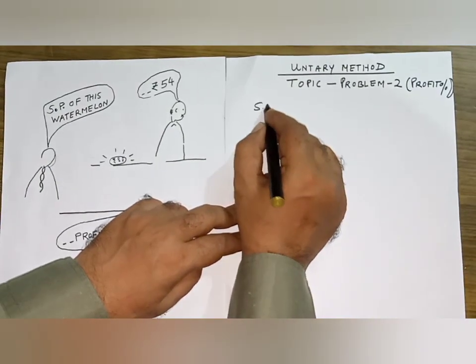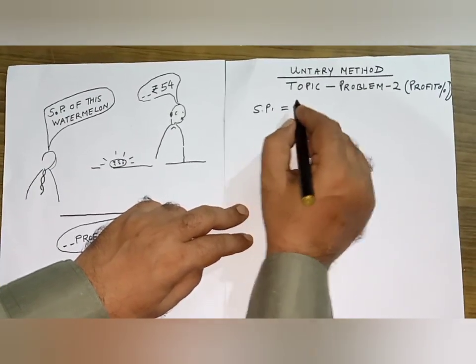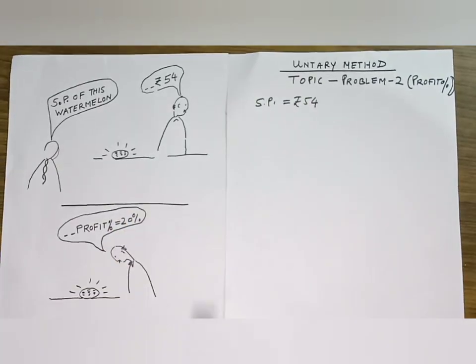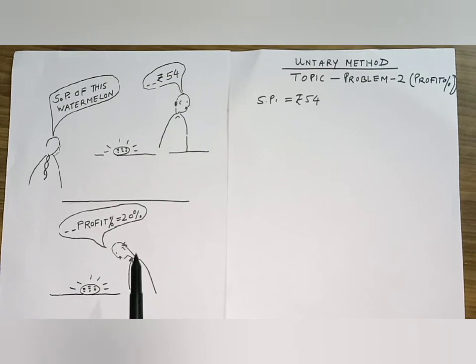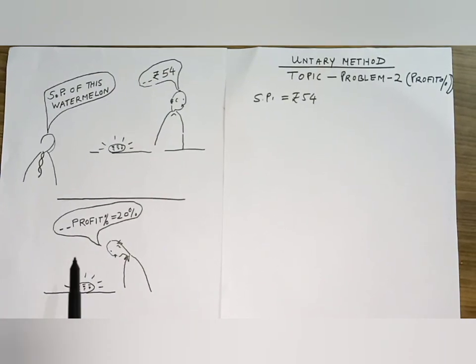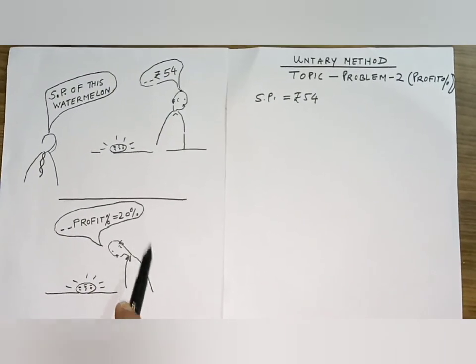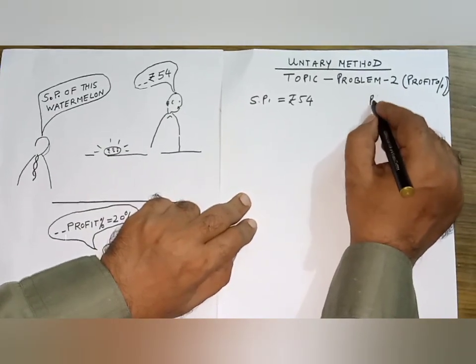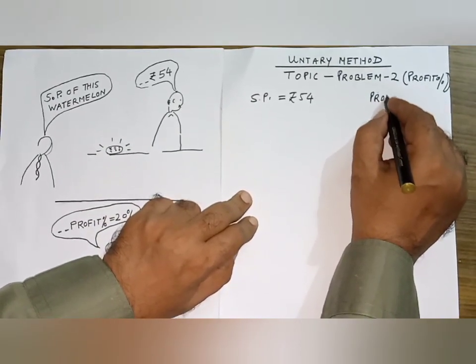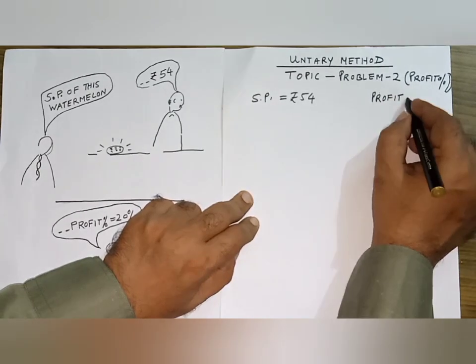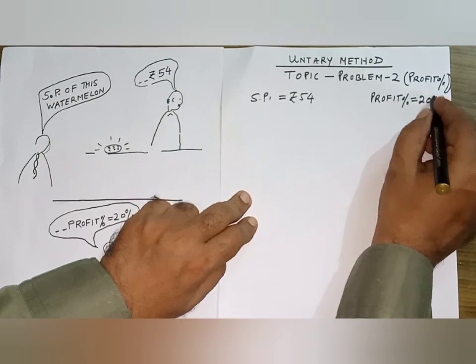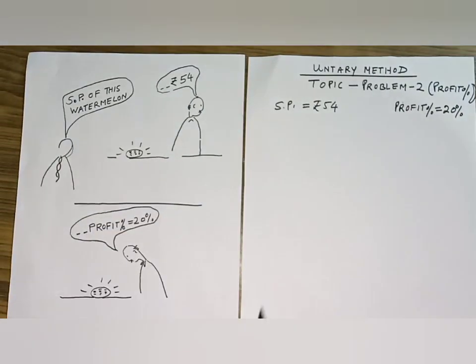So we take the data here. SP is equal to rupees 54. Also the retailer informed Iti that his profit percent is 20%. So we can mention this information in our solution. Profit percent is equal to 20%.